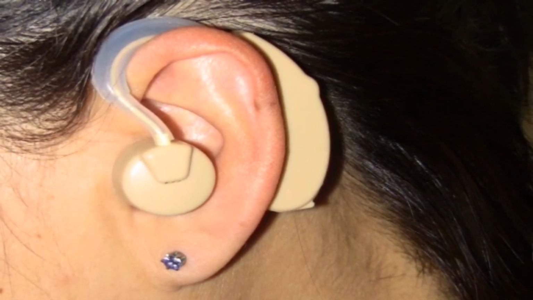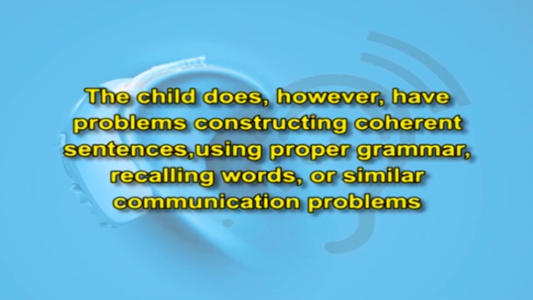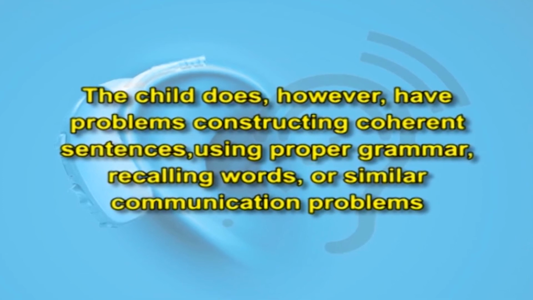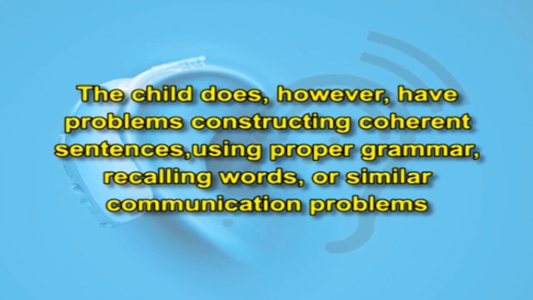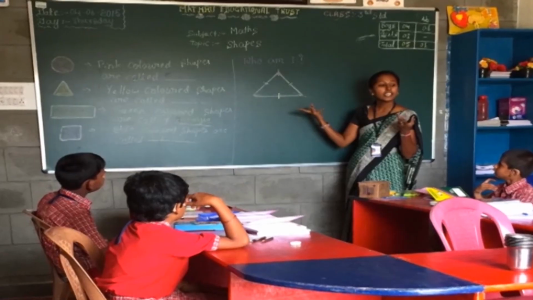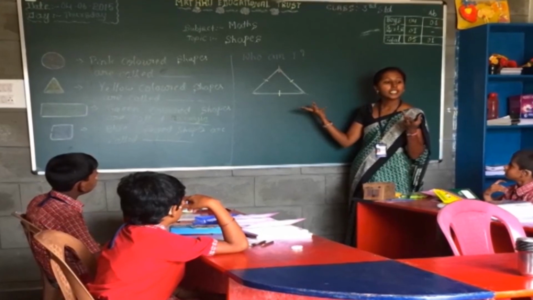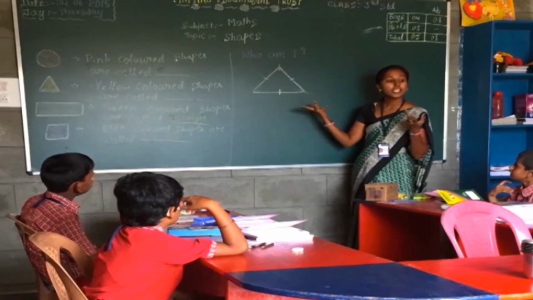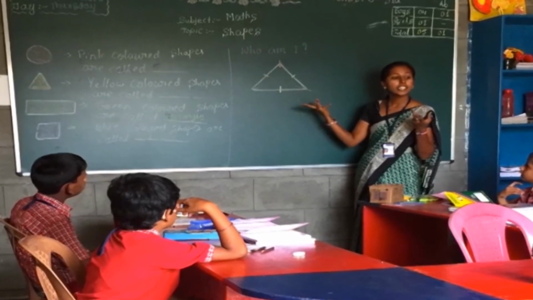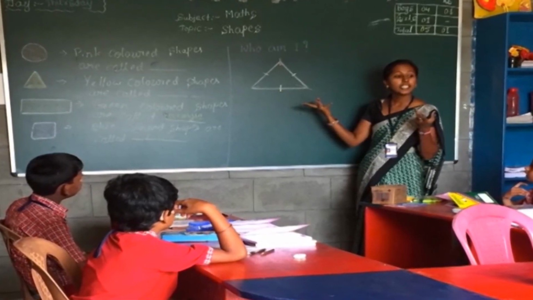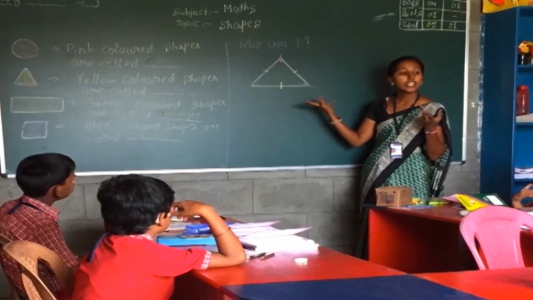The next condition is where the child has problems constructing coherent sentences using proper grammar, recalling words, or similar communication problems. The child is not able to communicate thoughts, needs or wants at the same level or with the same complexity as his or her peers. In addition, the child often has a smaller vocabulary than his or her peers.